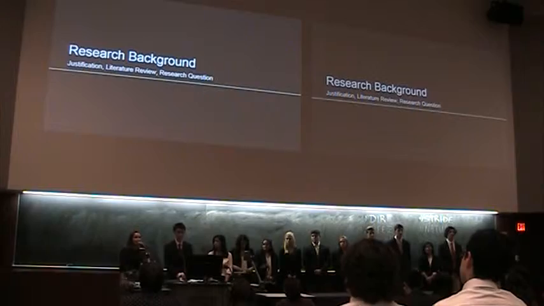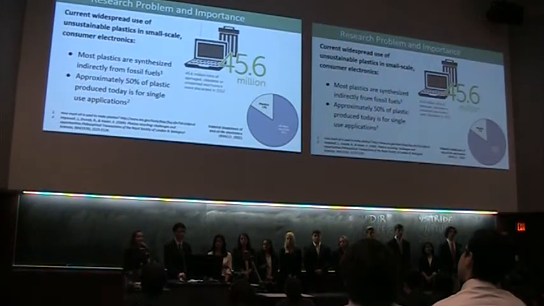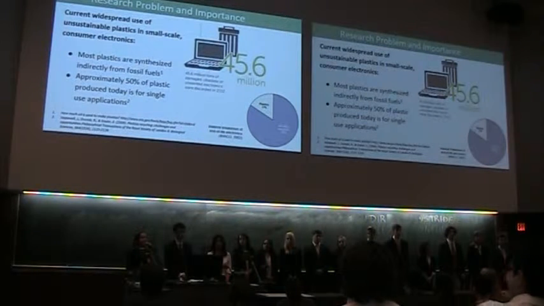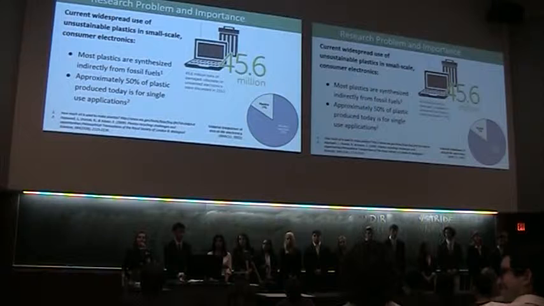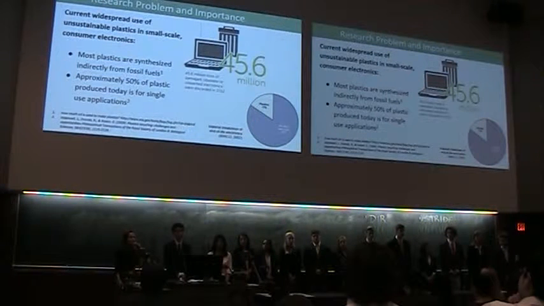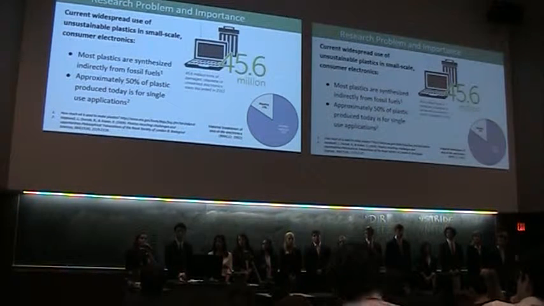So now I will move into a description of our research background. Many of you have smartphones sitting in your pockets or a tablet sitting on your desk at home. We use these devices many times throughout the day, yet we don't often think about where they come from. The reality is that a large portion of the materials that go into making your smartphone are plastics, and plastics are unfortunately refined using a process that relies on fossil fuels.